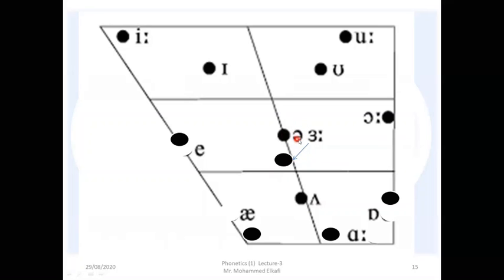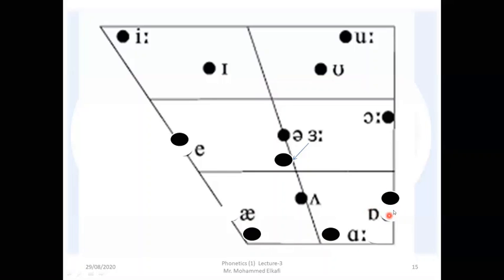It is the shortest vowel, as we said, up. Here we'll find the vowel a, the long vowel as in part. So this one is a, this one is a.